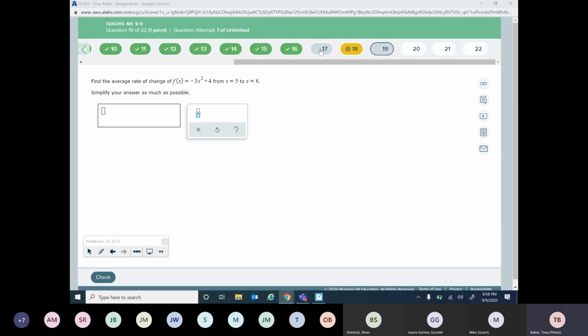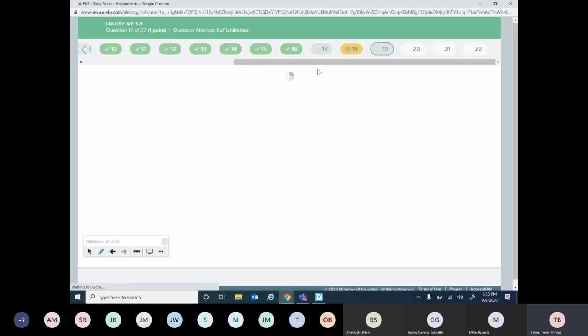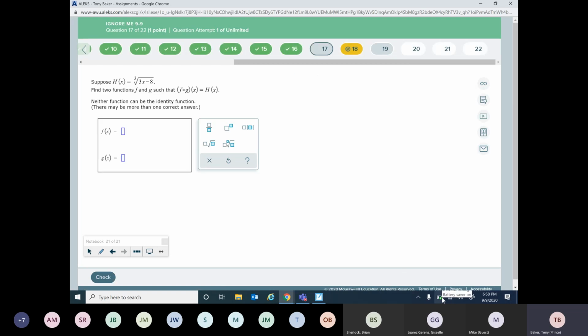All right, we're gonna go back to 17, and then the last 4 go together. I want to see if I can get this done before my computer dies. All right. So, in this topic, they want you to actually take it and split it apart. This one looks really hard, but it's really simple.